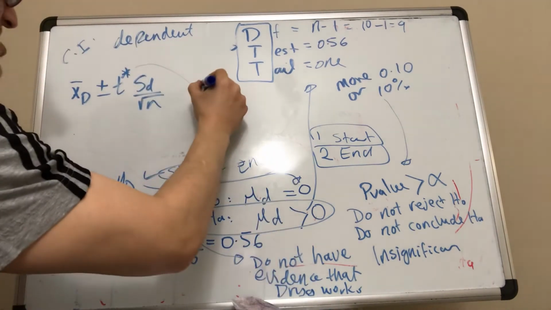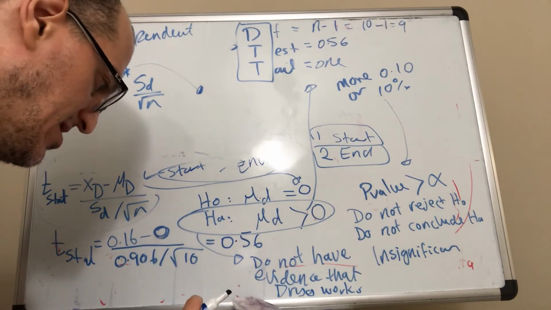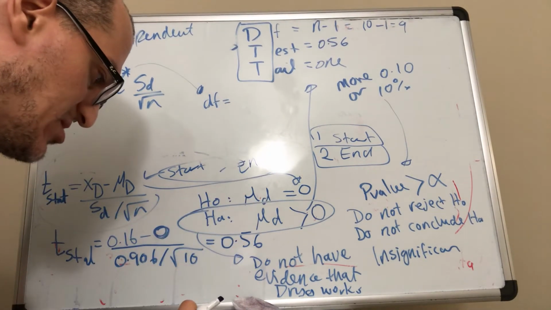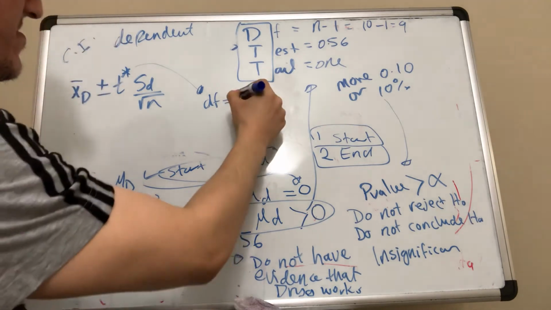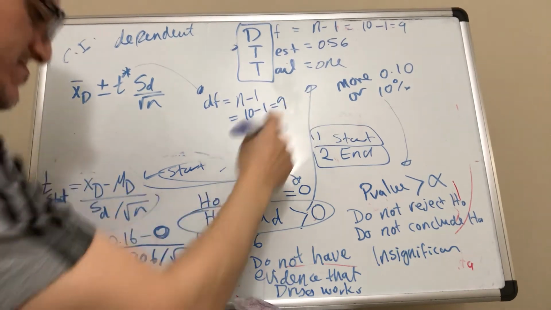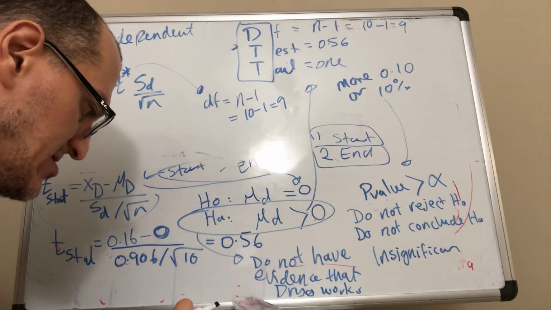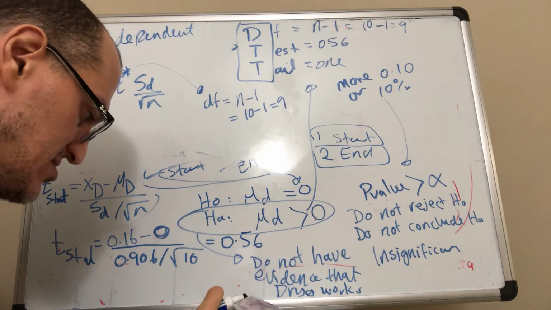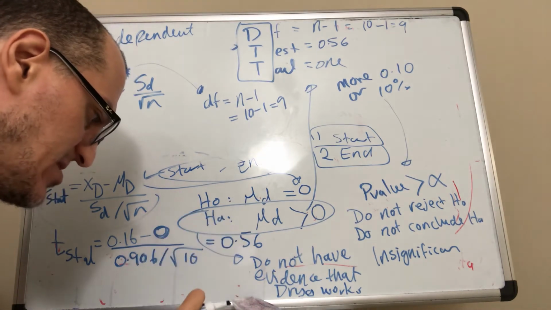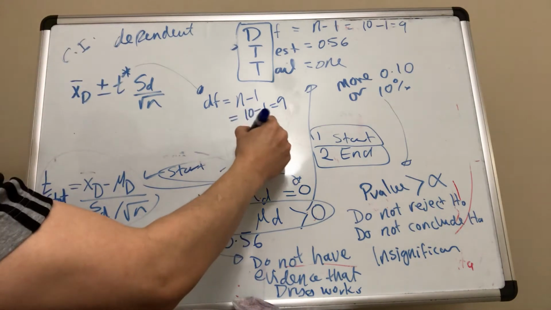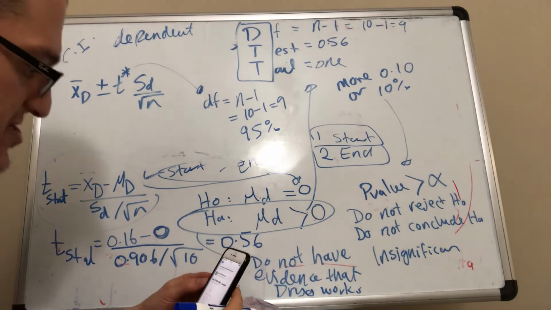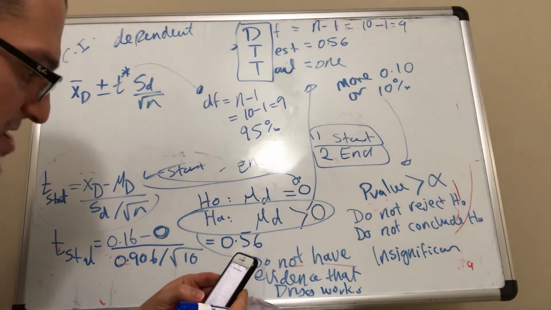To get the t star, you need to know your degrees of freedom, which is always n minus 1, so 10 minus 1, 9, and the level of confidence they're asking for. It's not so clear. Yeah, it's 95% confidence interval, so we need the number from the t-table that corresponds to degrees of freedom 9 and 95% confidence.